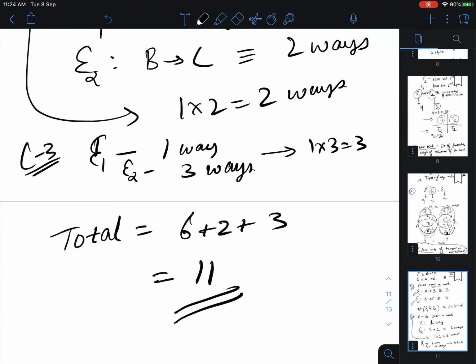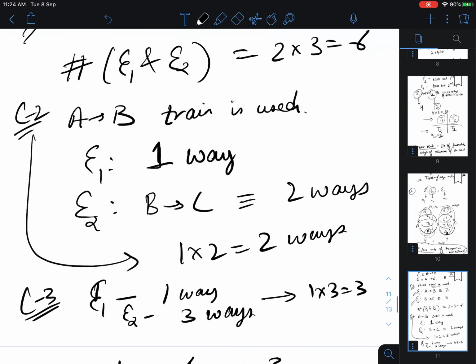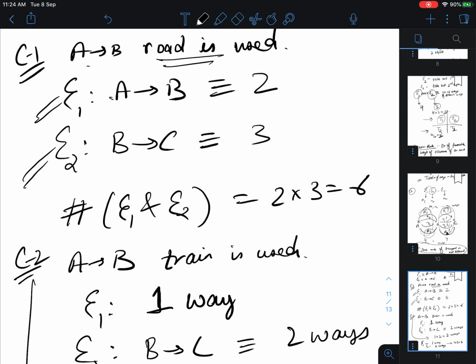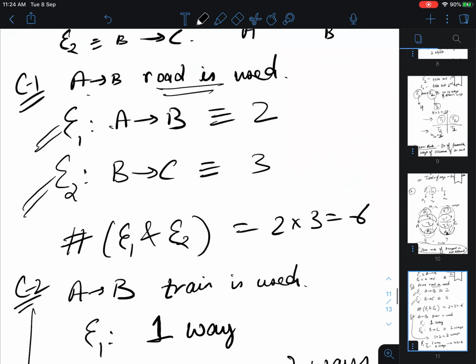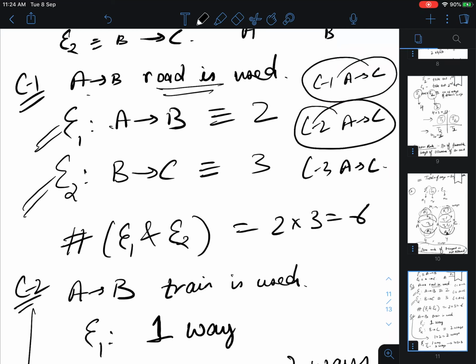Now you see, why did we add all of these? Some students might say, why didn't we multiply? Well, these are mutually exclusive cases. Case 1 is going from A to C, case 2 is going from A to C, case 3 is again going from A to C. Now these are all mutually exclusive cases.